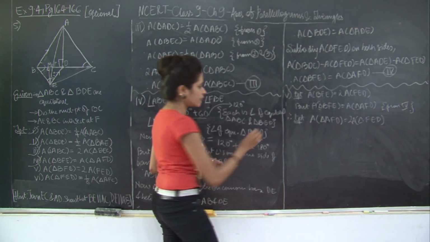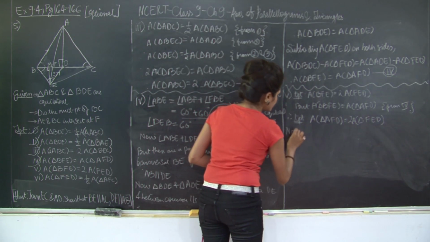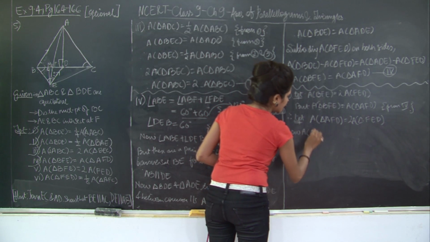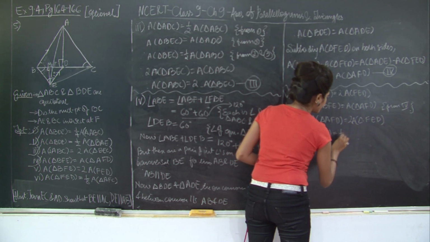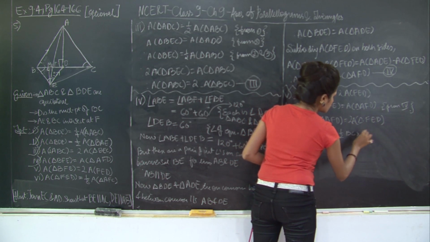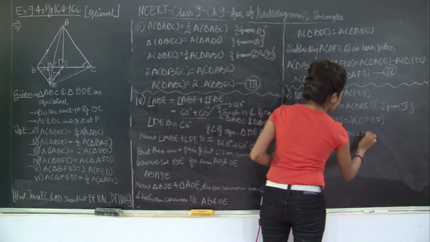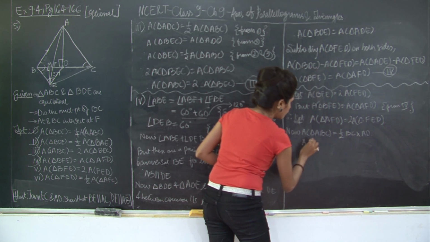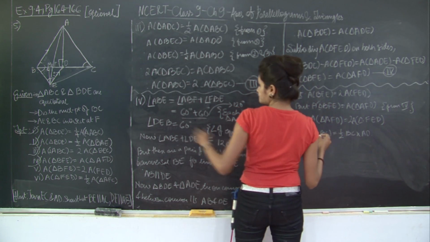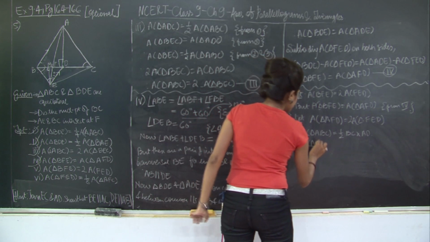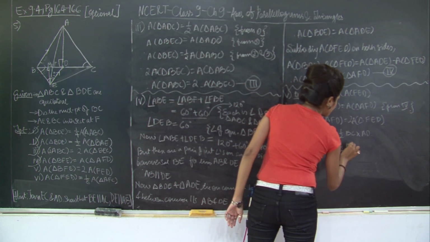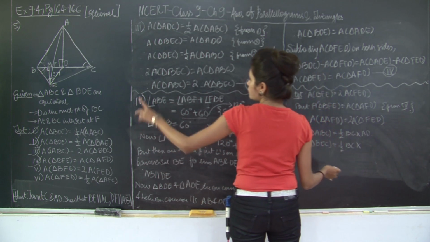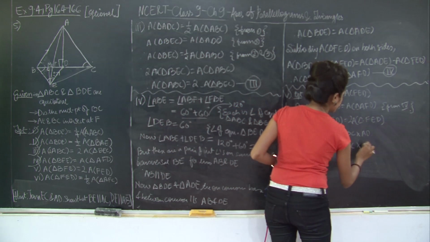So let's write this down. Area of triangle ABC is equal to half BC into AD, and area of triangle BEC is equal to half BC into EM.